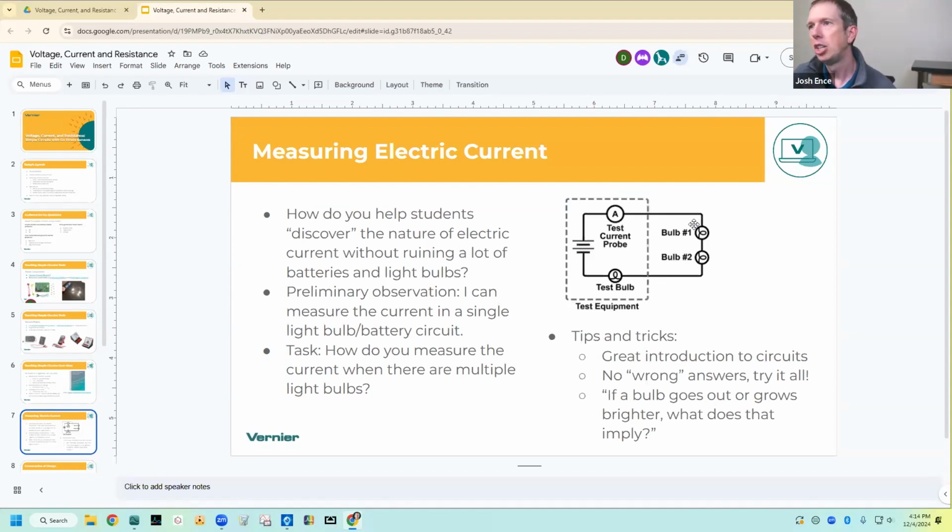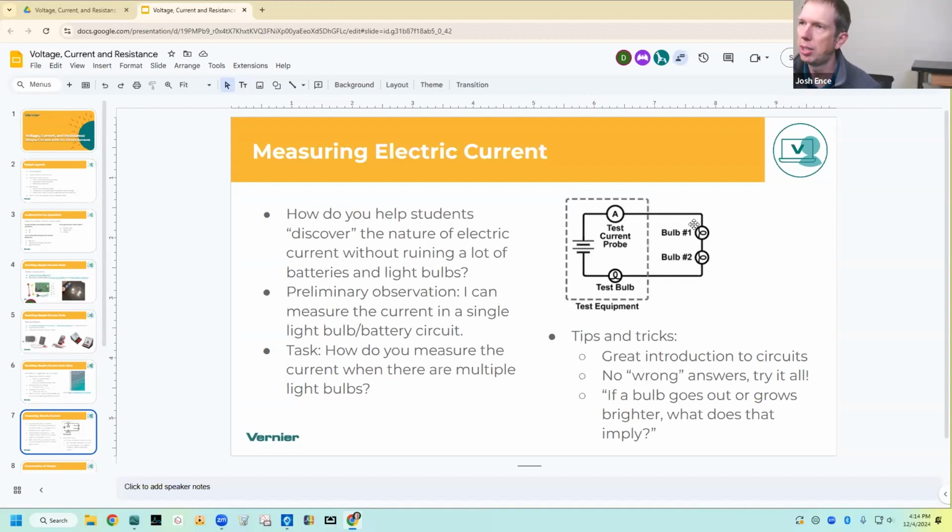In this lab, you set up this circuit, and you show students that I can measure a single bulb. If I just connect one bulb in a loop here with my battery, I can measure the current very easily. But how would I measure the current if I have more than one light bulb? So you add in two more bulbs, and then you challenge them: my current probe, I'm not going to touch that.